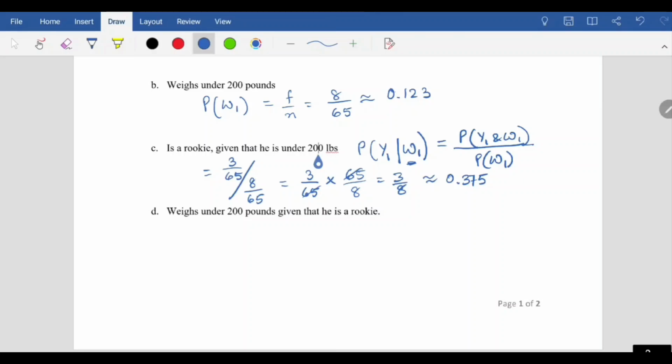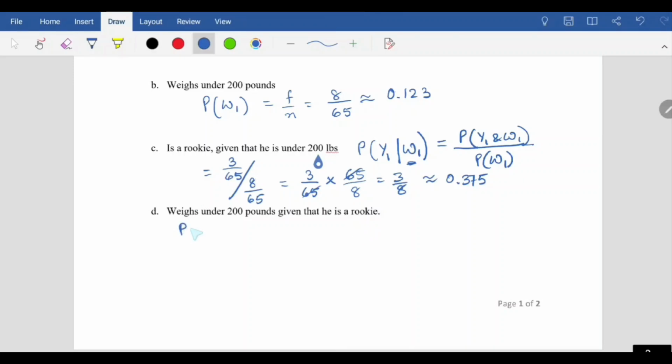he's a rookie. So it's the same events, but the conditional clause has been turned around. Earlier it was the probability of finding a rookie given it's 200 pounds. So the given condition was the weight. Here, the given condition is the years of experience.